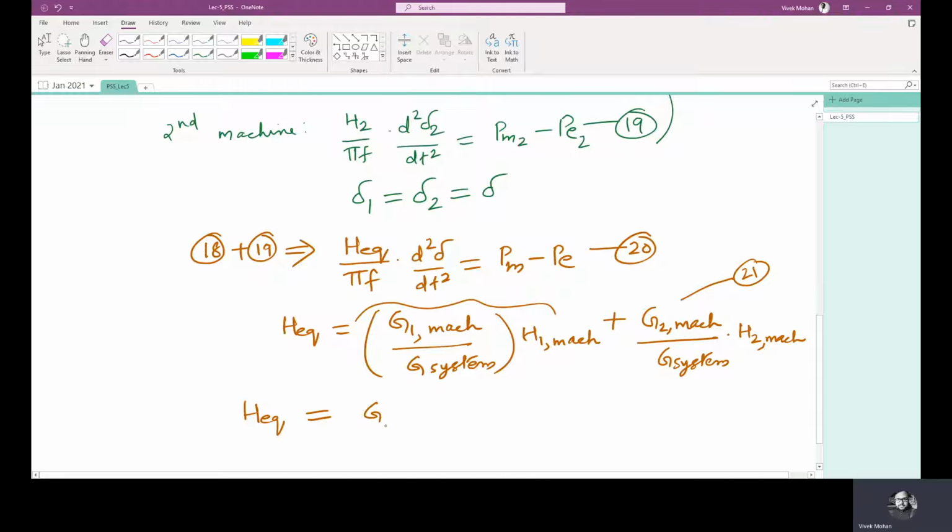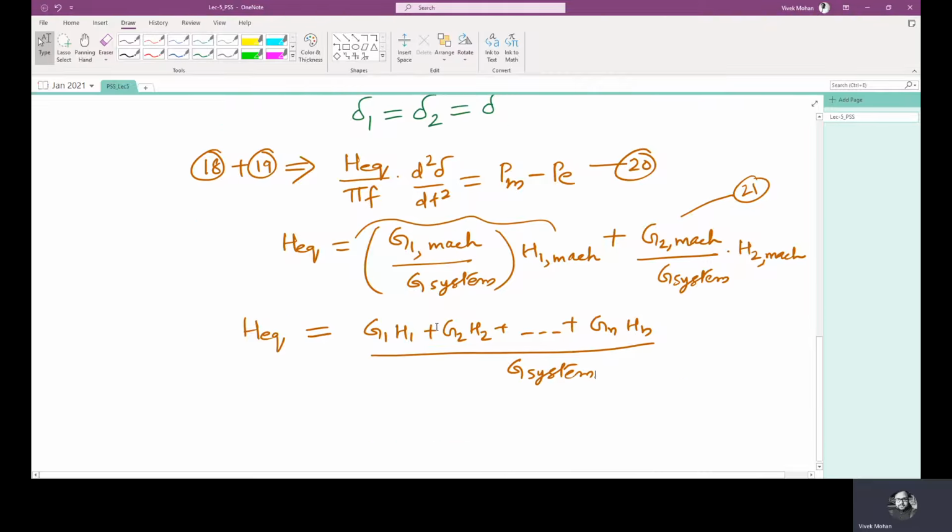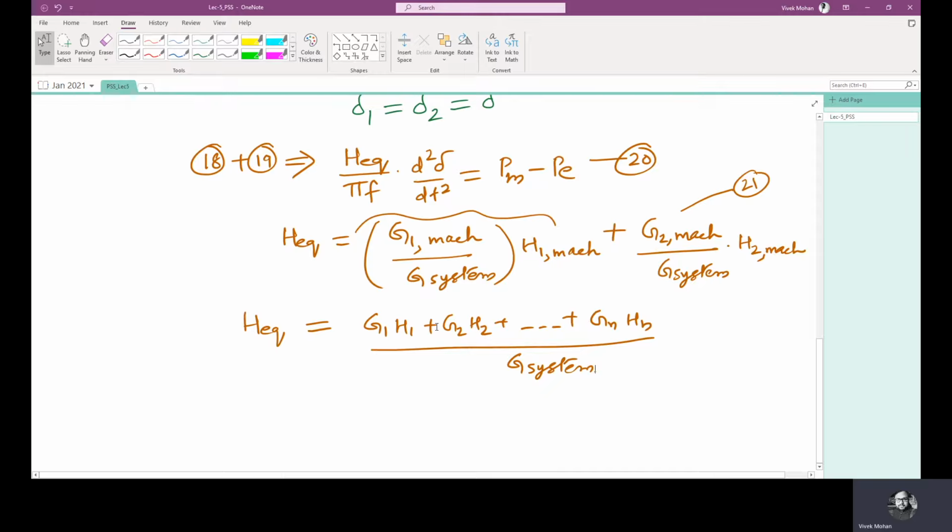So for n machines it is G1 H1 plus G2 H2 plus, and so on, plus Gn Hn divided by G system. With this, you are now able to write the swing equation for multiple machines with system base. Now we'll see some problems to learn the concept in detail.